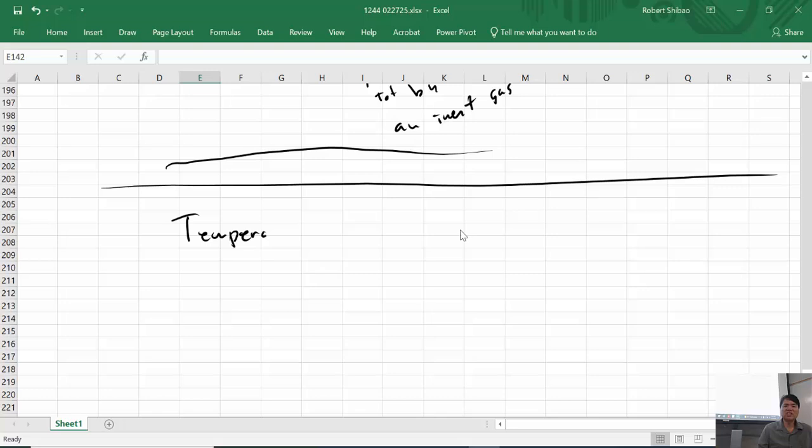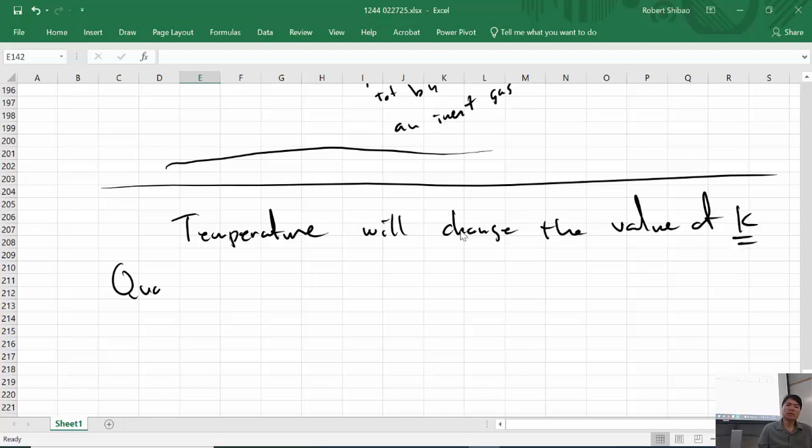Temperature does change K. And so we're just going to do this qualitatively for now. Increasing temperature favors the endothermic reaction.